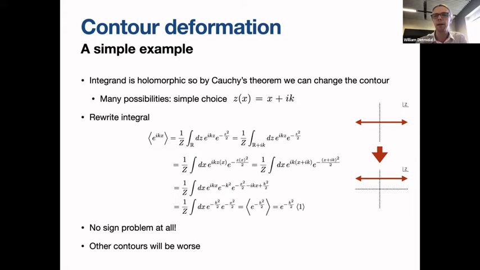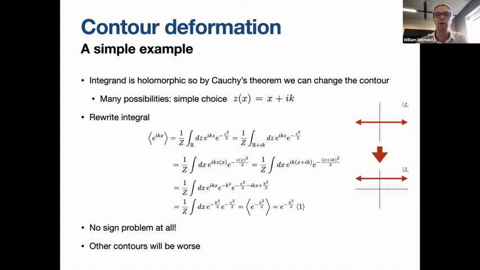So I get this integral of x e to the ikx plus ik, and then e to the minus x plus ik squared over 2. I can mess around with that a little bit. And the phases go away completely, and I'm just left with e to the minus k squared over 2 times e to the minus x squared over 2. The e to the minus k squared over 2 comes outside my integral, and then I'm just left with the partition function.